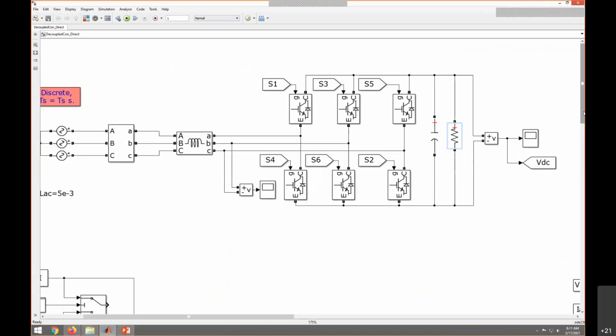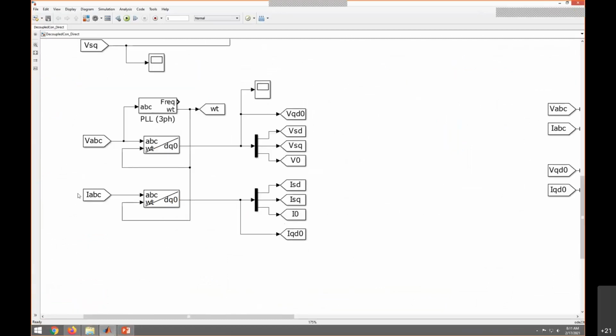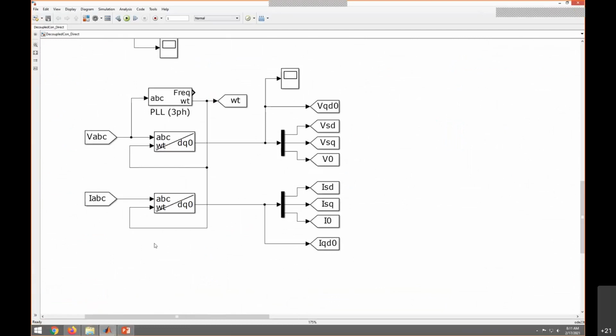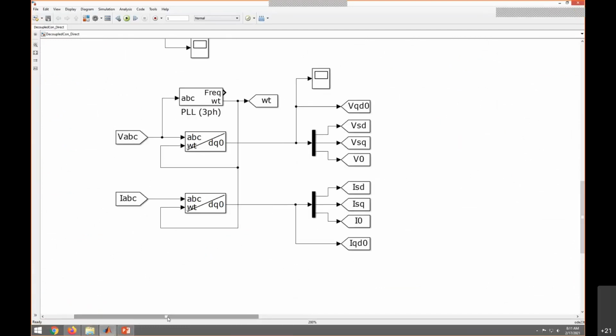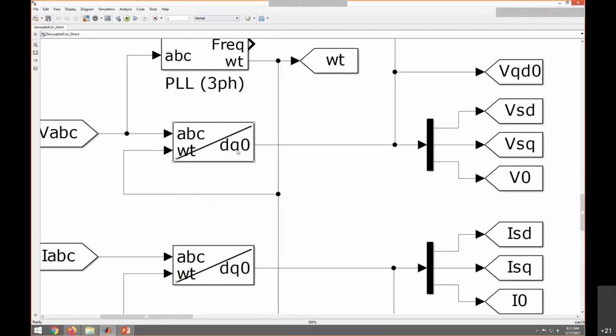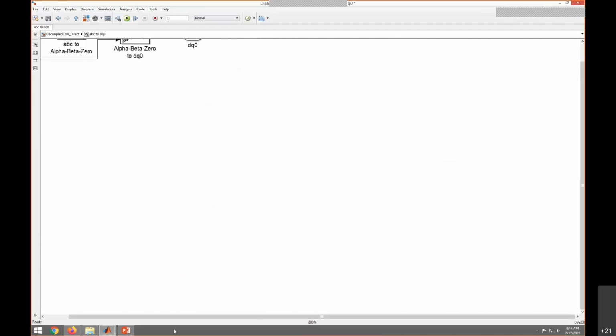These are the grid or source side voltages and currents, VABC and IABC, acquired from the three-phase voltage and current measurement. I have given VABC to an ABC to DQ0 block, and IABC to another ABC to DQ0 block.